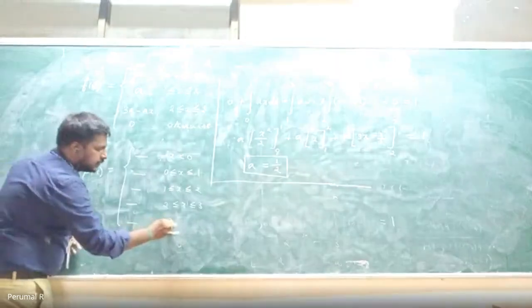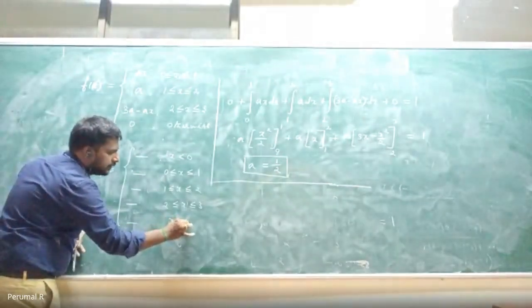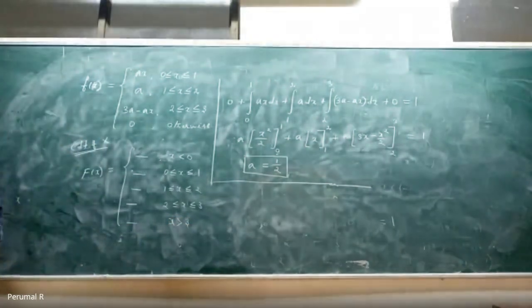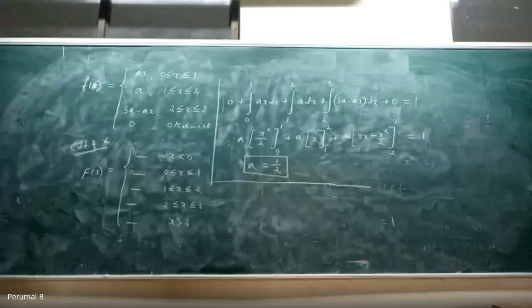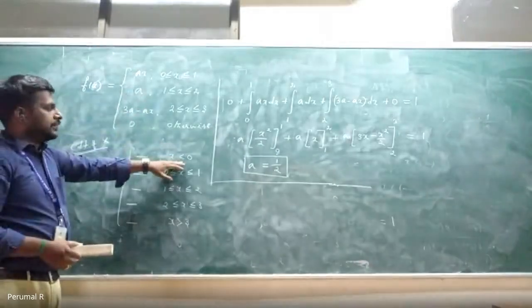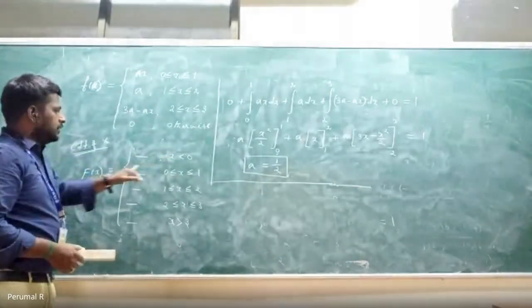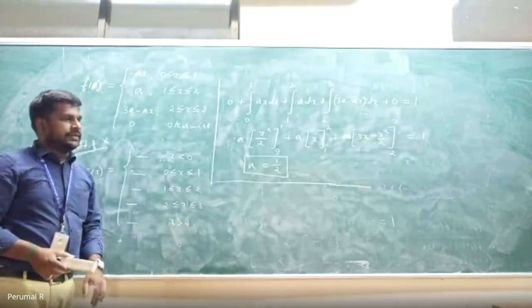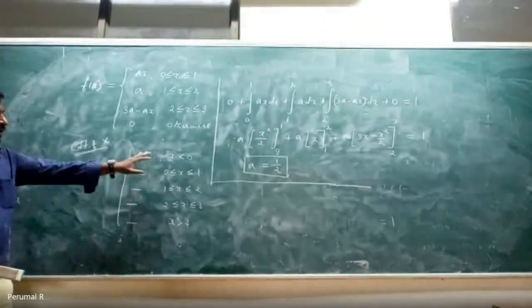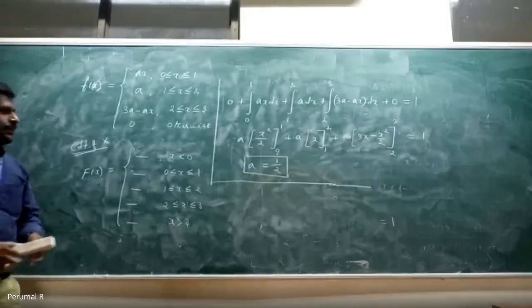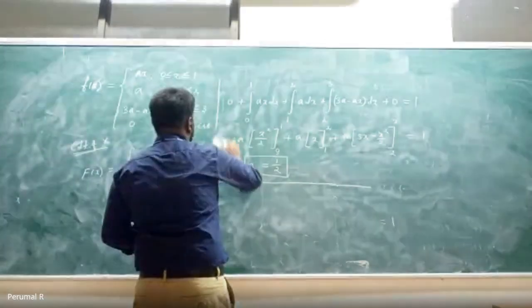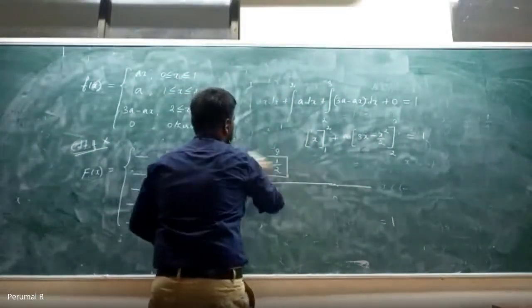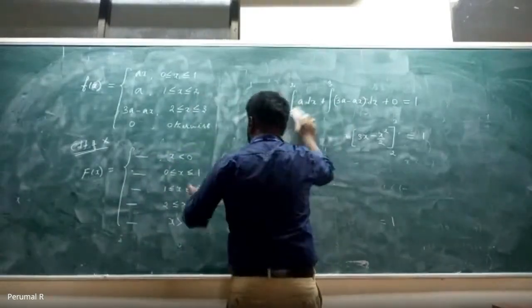And the fourth case, x greater than 3. These are the things you have to find one by one. First we move on to x less than 0.